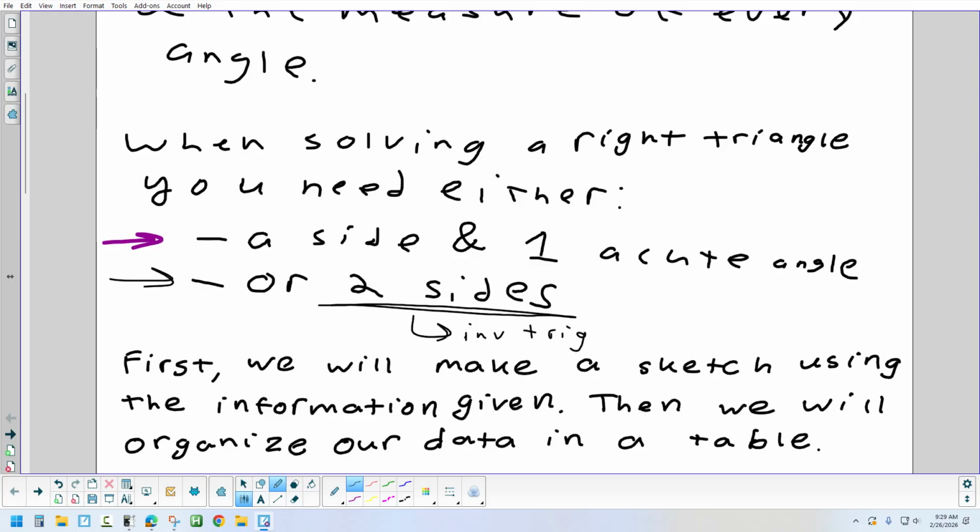The first type, you never use inverse trig, only for the second type. Also, the second type is the only one you should ever be using Pythagorean theorem with. You shouldn't do Pythagorean theorem with the first type. Okay, any questions on the difference between the 2?